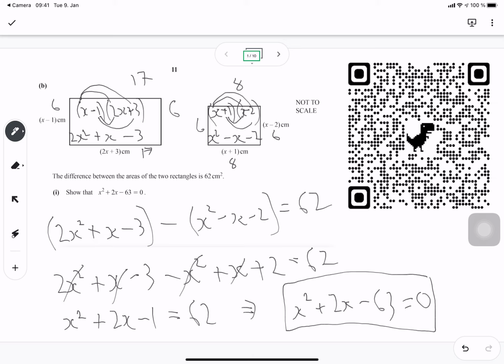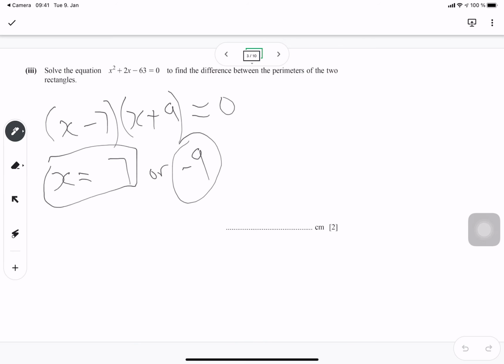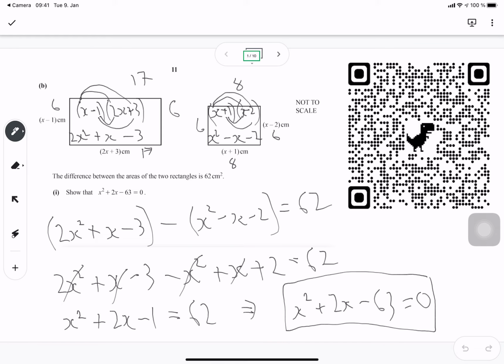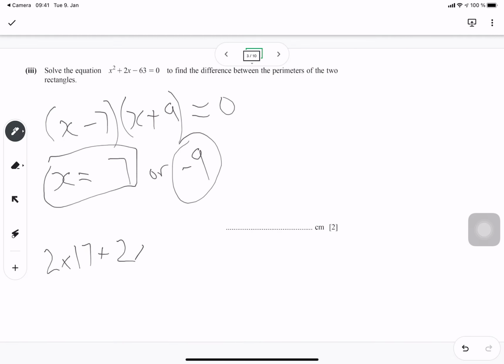So I just want to know the difference between those. So I need to do 2 times 17 plus 2 times 6, which will give me the perimeter of one, and then 2 times 6 plus 2 times 8 will give me the perimeter of the other one.